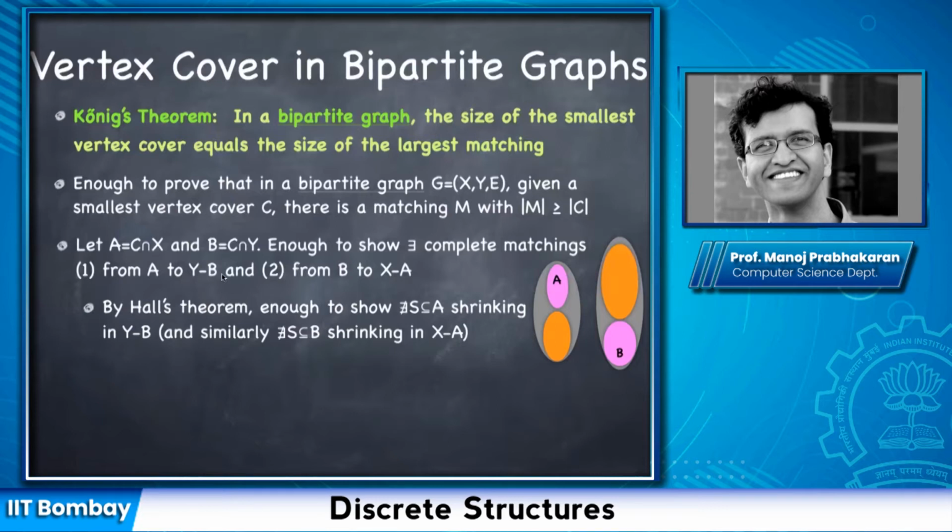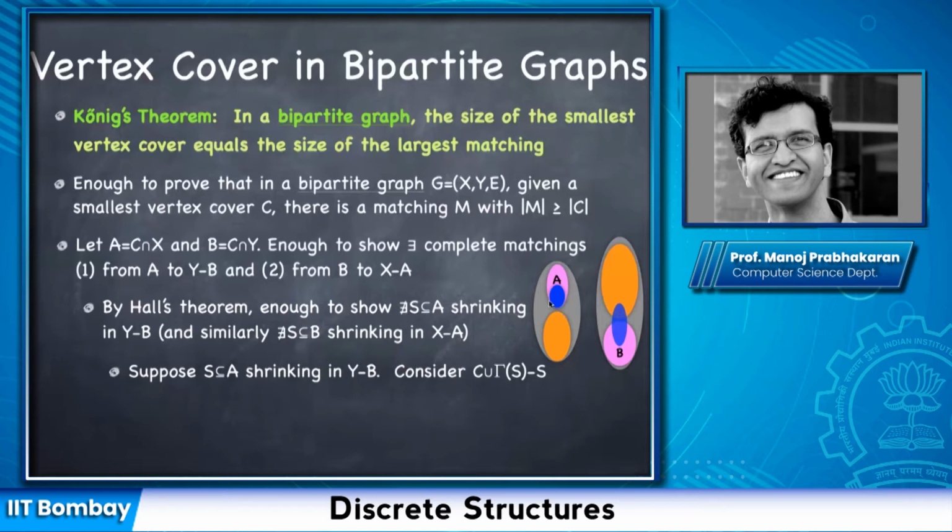Okay, so I'll prove this by contradiction. Suppose there is some subset S which is shrinking in Y difference B. So S has some neighborhood gamma S, and let me consider removing S from the cover and adding gamma S into the cover.